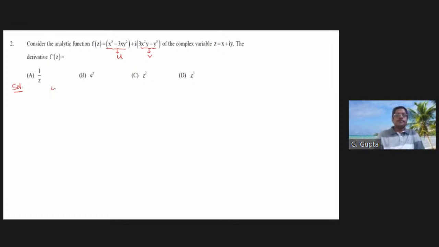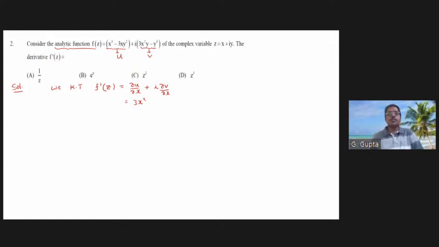We know that f dash z, as f(z) is an analytic function, is given by the formula ∂u/∂x plus i times ∂v/∂x.